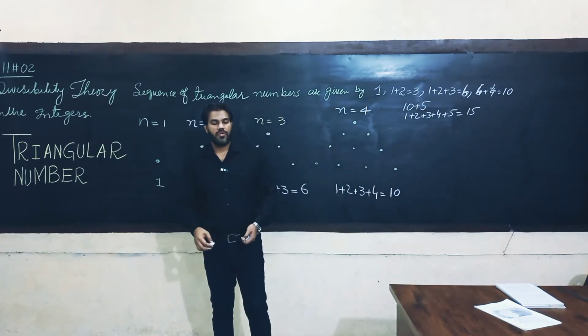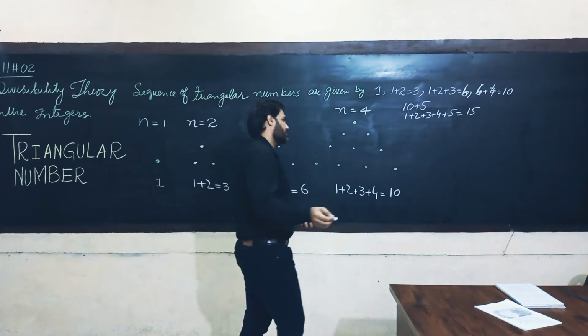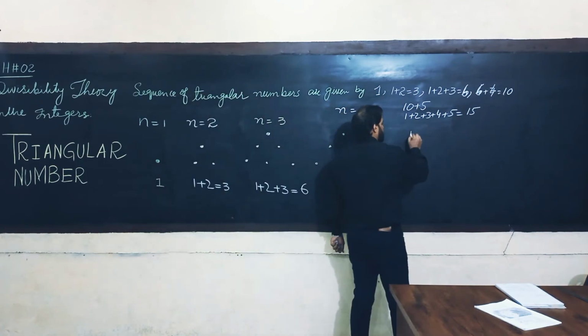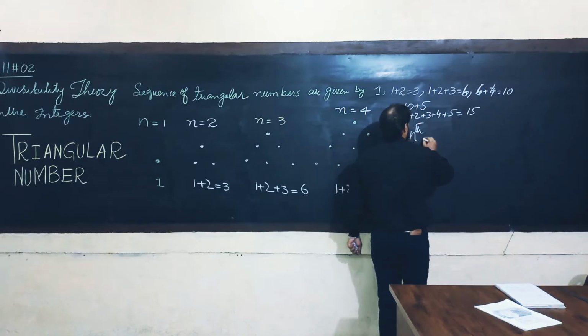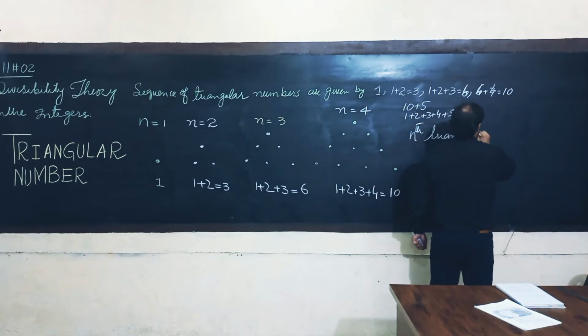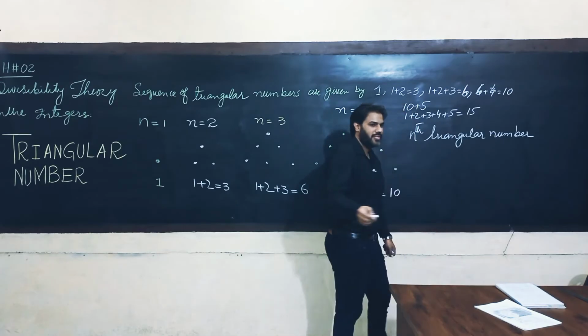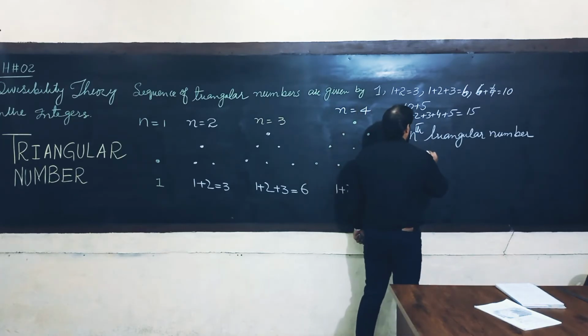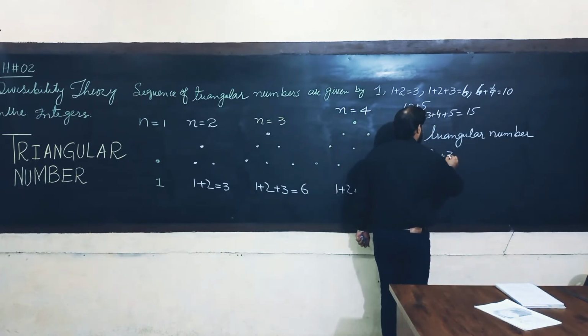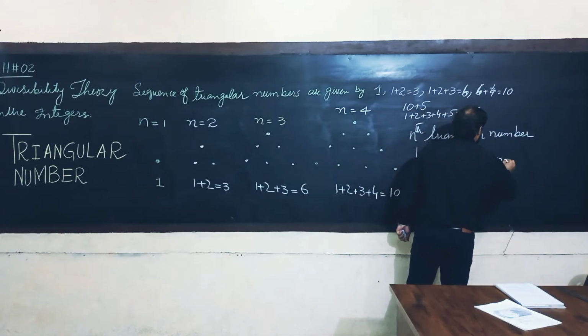So continuing this process, the nth triangular number is simply given by the sum of the first n natural numbers, 1 plus 2 plus 3 plus 4, and so on up to n.